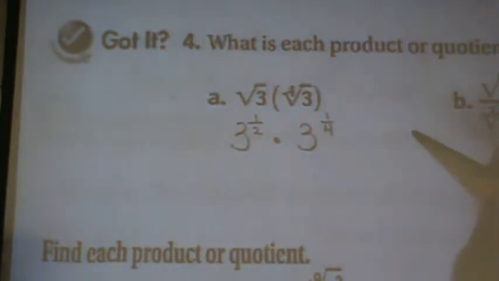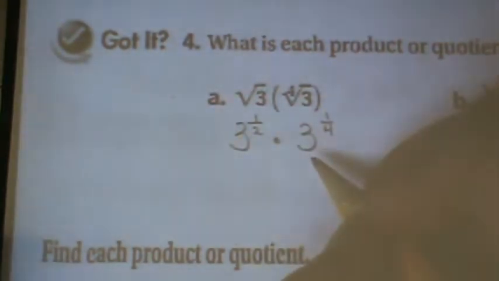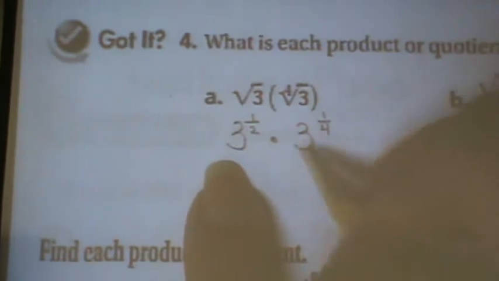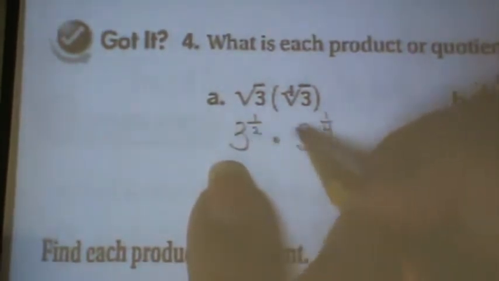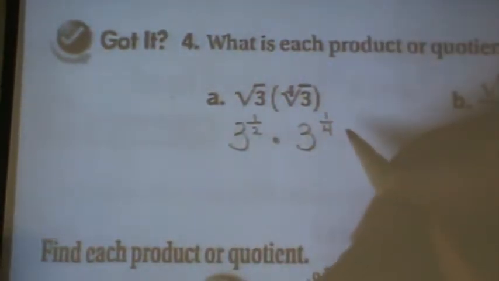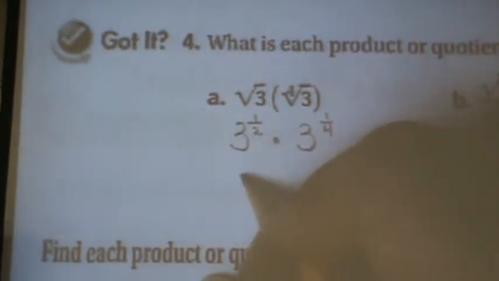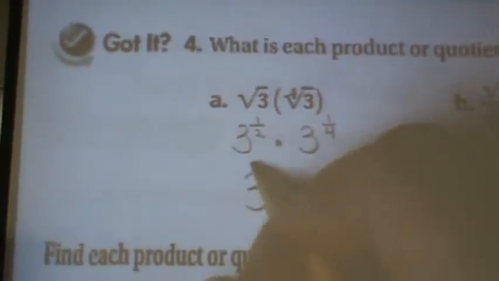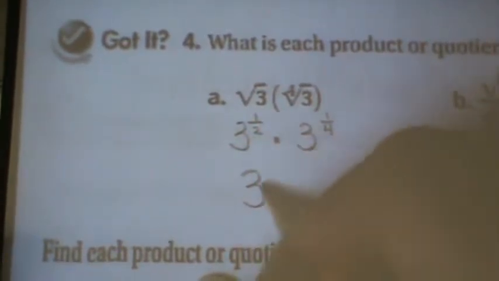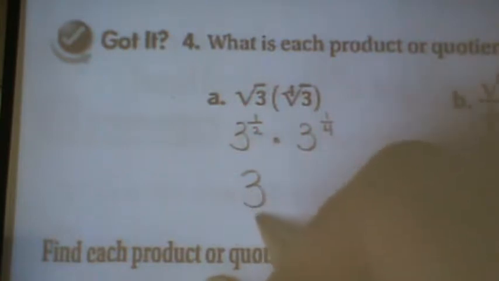So now, what are you going to do with these 2 fractions? Add them. When bases are the same and you're multiplying, you keep the base the same. Do not write 9, this is a common mistake. It's not 3 times 3, it's just 3.